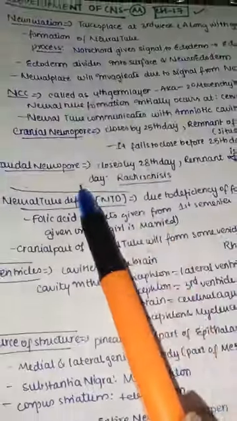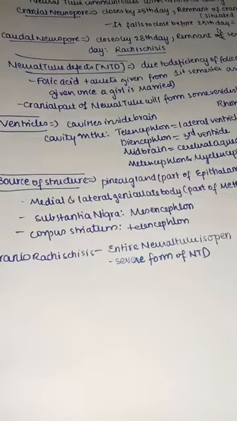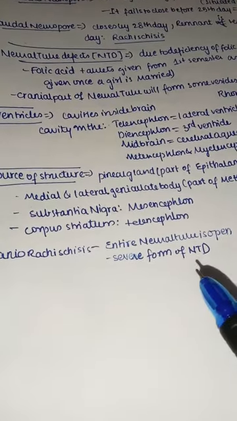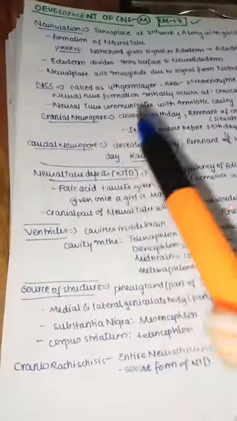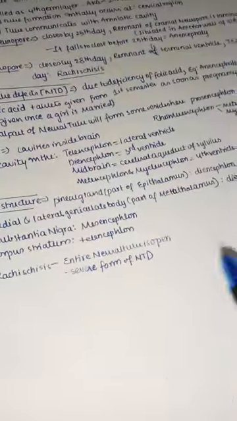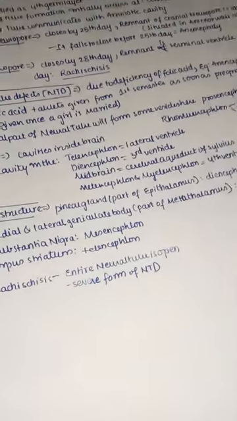Caudal part only, not the cranial part. If the caudal part of the tube doesn't close on 28 days, it causes rachischisis. Craniorachischisis is where the entire neural tube is open, and it is a severe form of neural tube defect.